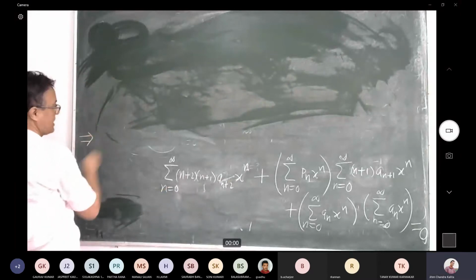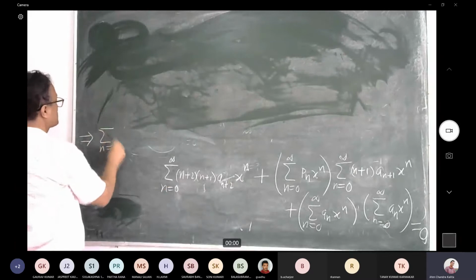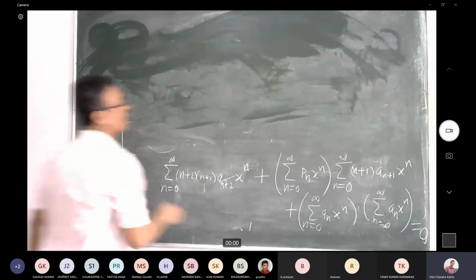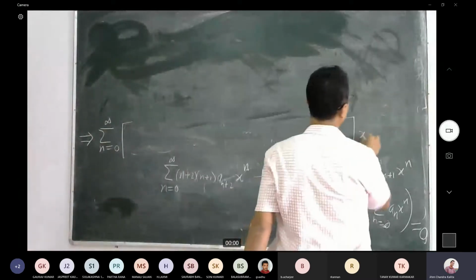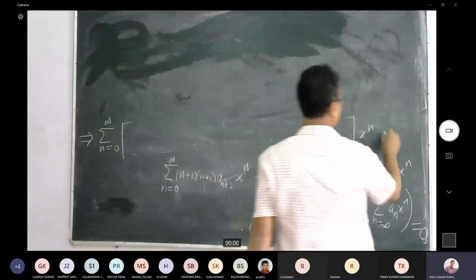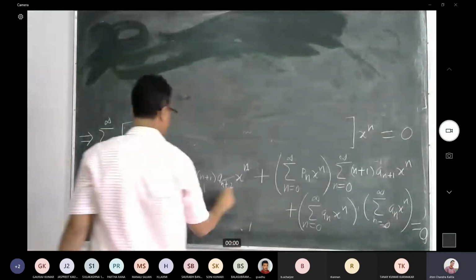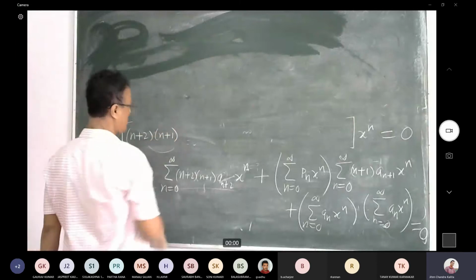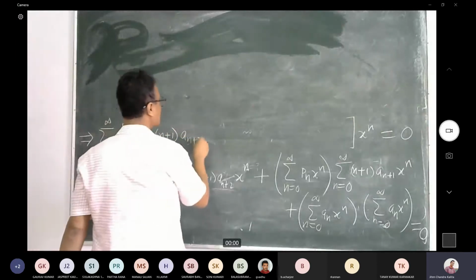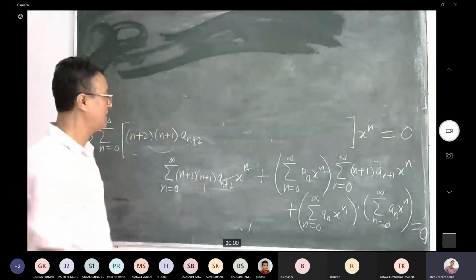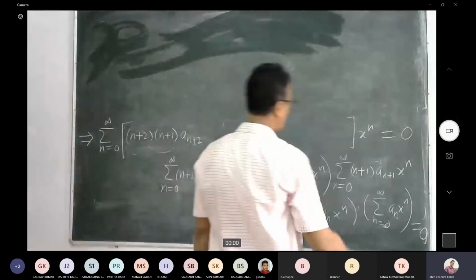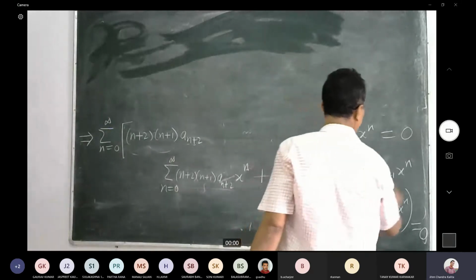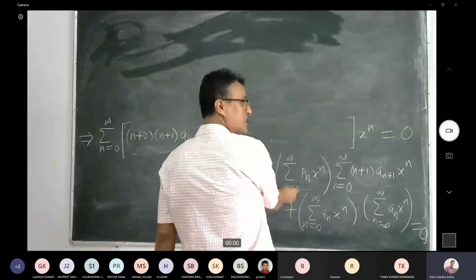This implies, n equal to 0 to infinity. Obviously, now I am going to bring x to the power n. So from here, I am going to get n plus 2, n plus 1, a n plus 2. Now the tricky part. For these two, you consider these to be the first series and these to be the second series.